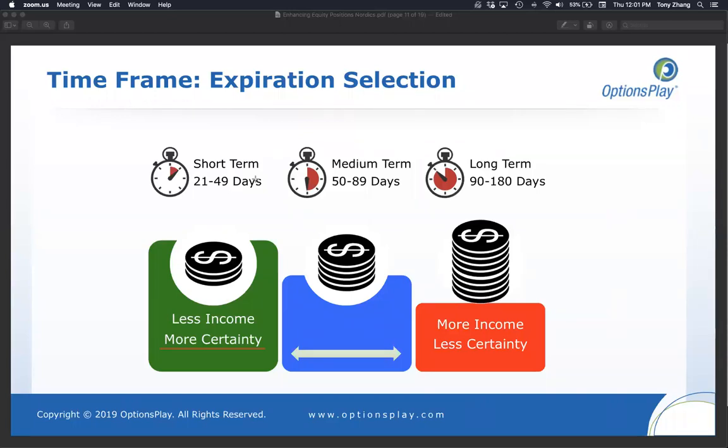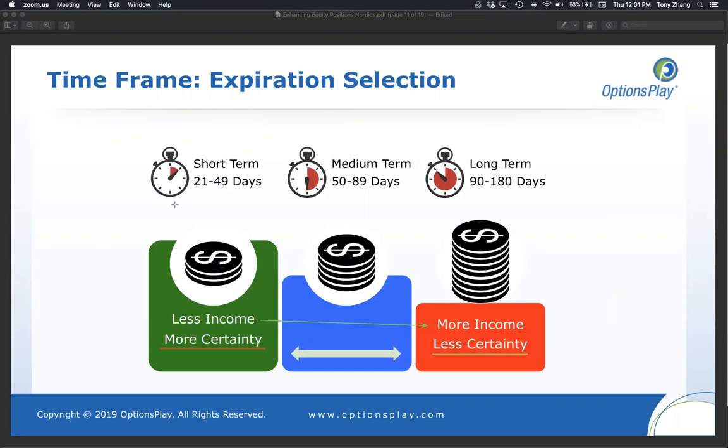I generally may have a better understanding as to if there's a dividend going to be paid, if there are any new product launches or big events for that particular stock that I should be familiar with. Versus if I sell a long-dated option, let's say I sell a June 2020 option, I have a lot less certainty as to what's going to happen. So what you see is that the further out in time you go, the less certainty you have, the more income you're going to receive.